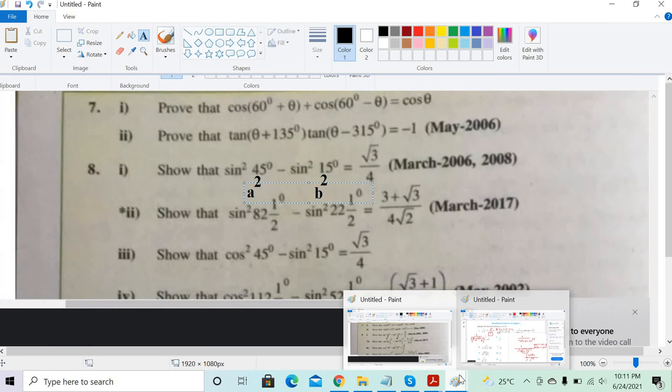That's a weird number. Sine of 82.5 minus 22.5, so this will come sine 60.